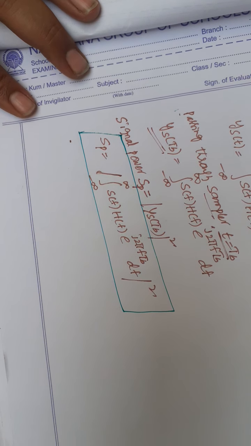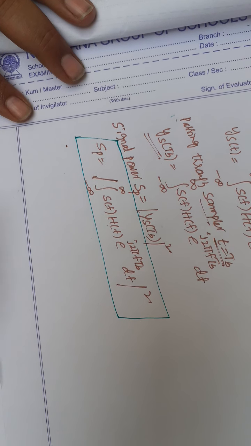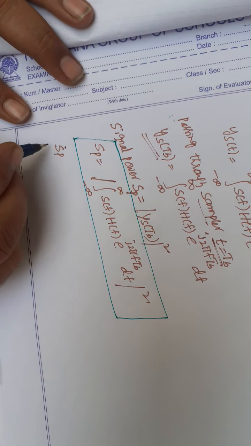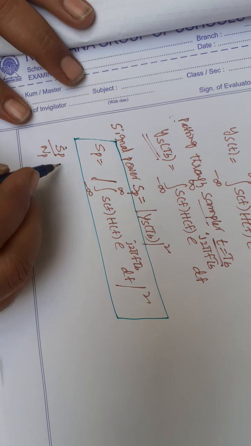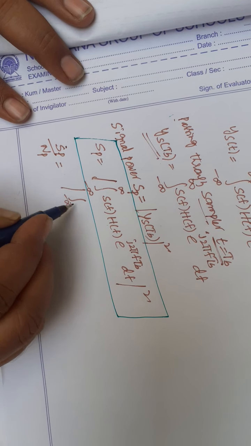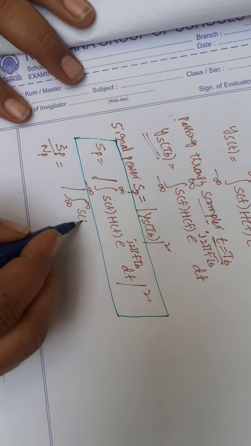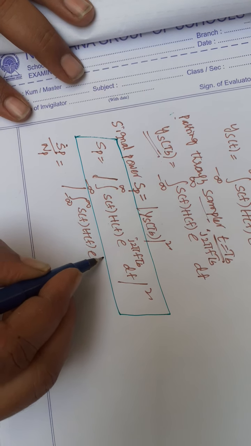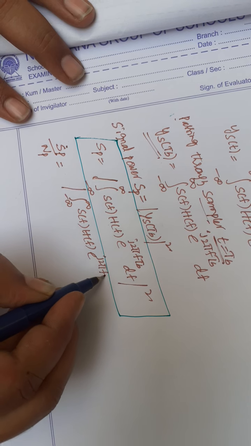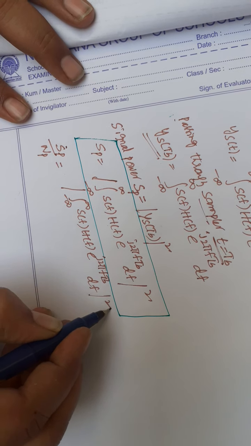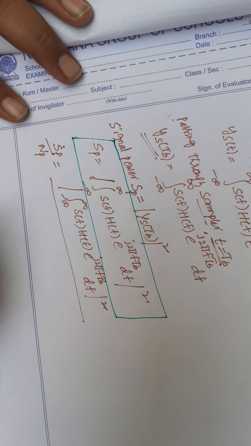Now here I am going to calculate the signal to noise power. Signal power by noise power is equal to, signal power is the integral of S(f) H(f) e^(j2πfTb) df whole square, by the noise power.